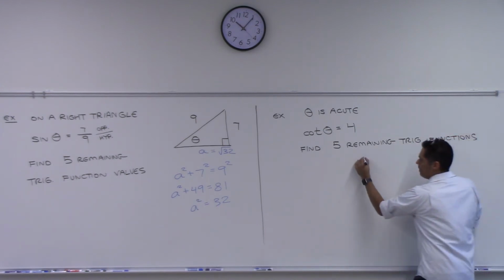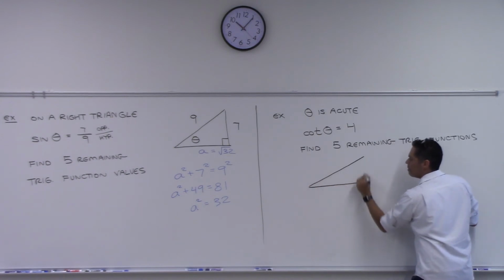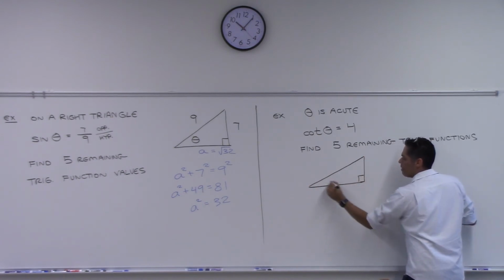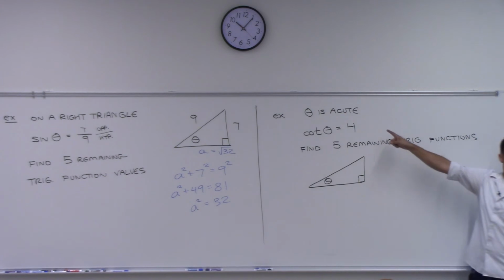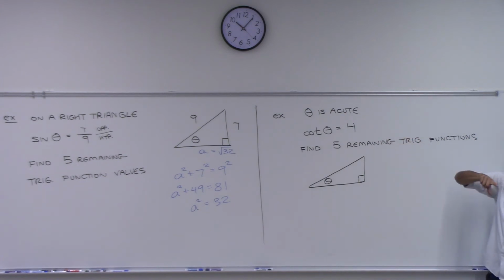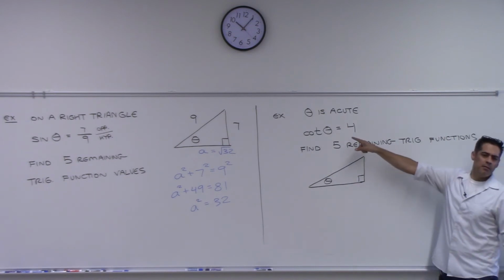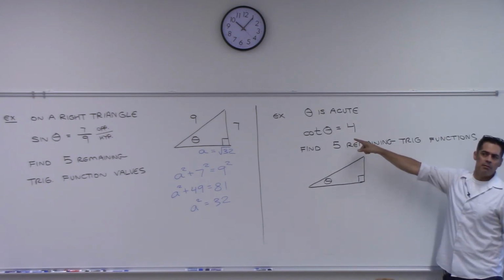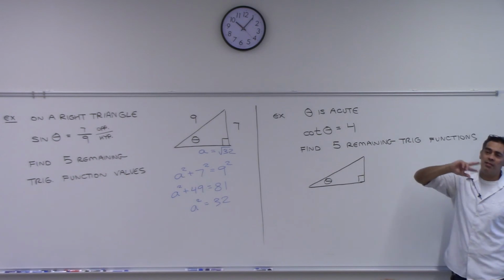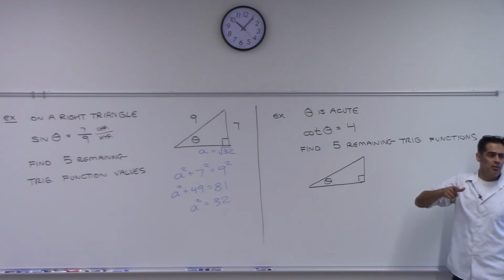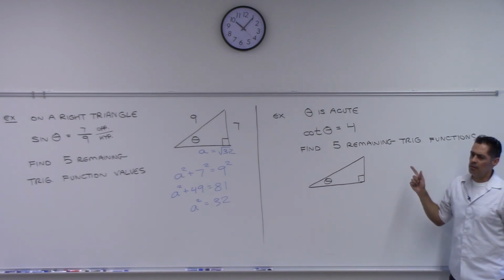Start with the picture, right? Like this. Theta. You want to flip that? Let me ask you something. Cotangent is the flip of what? Tangent. What is tangent on the SOHCAHTOA?